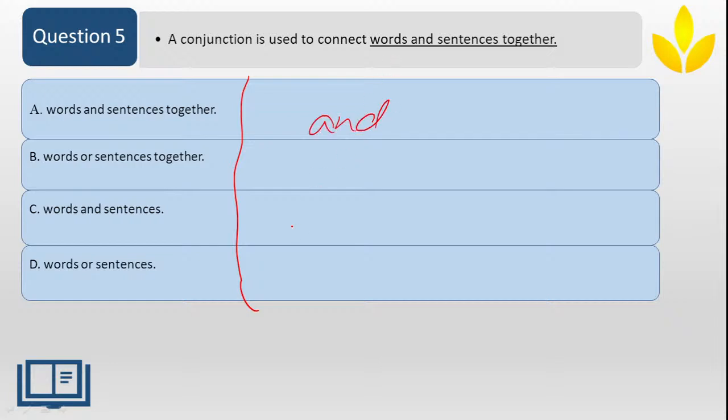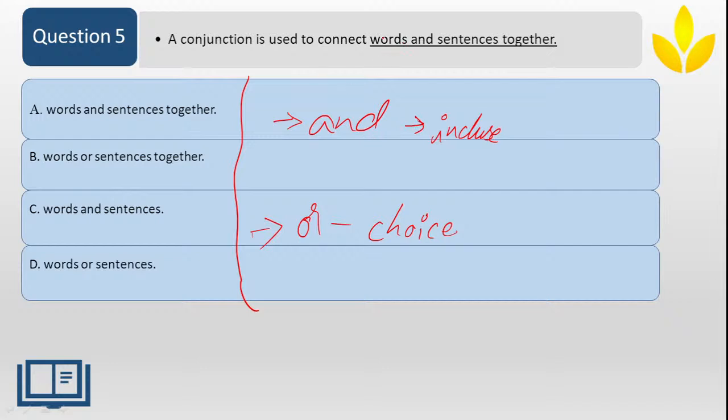And, or. And is used to be called inclusive. It includes everything. Or it is a choice. You can select one in front or the after. So this is called coordinative conjunction. This is called subordinative conjunction.